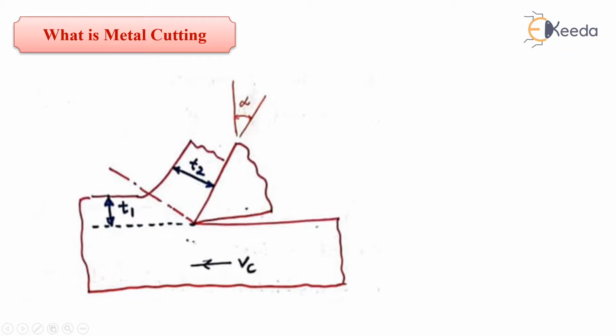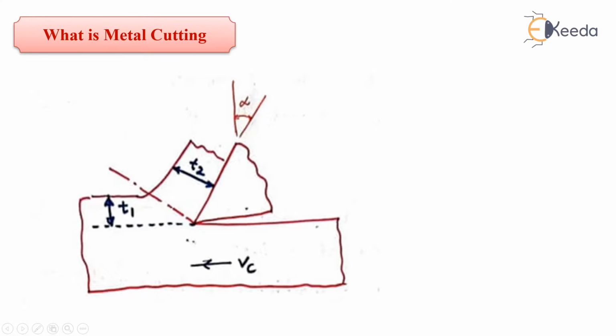And the second very important thing we have to keep in mind is that the volume constancy principle is valid for metal cutting also. So when the force is applied by the tip of the tool along the lengthwise direction in a layer of this workpiece material, huge compressive stresses are produced in front of the tip of the tool, and because of that, along the lengthwise direction, the volume reduction is there.